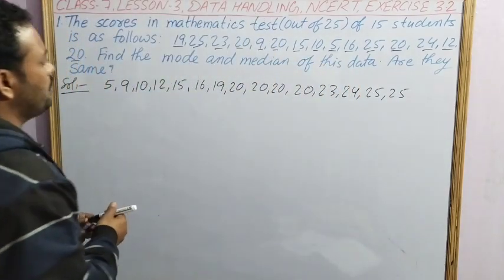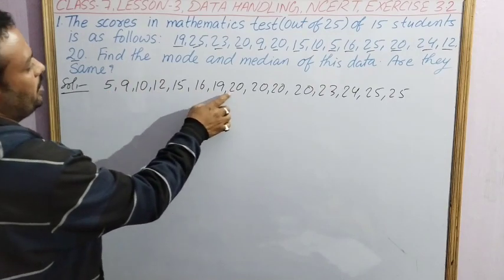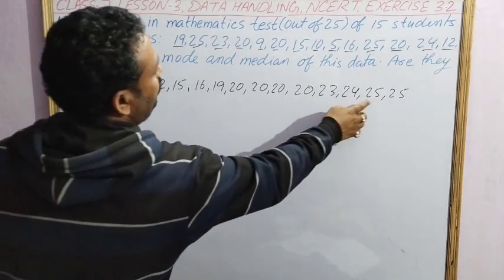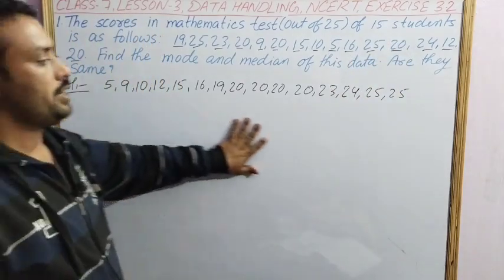Is any number left? We will count and see. 1, 2, 3, 4, 5, 6, 7, 8, 9, 10, 11, 12, 13, 14, 15. So all the marks scored are written.